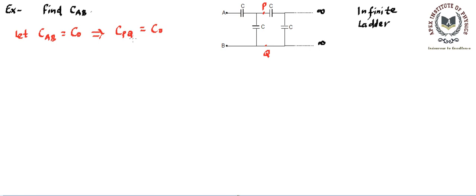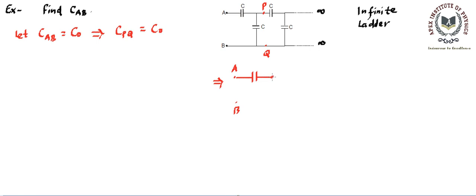Once we are able to relate this, if we remove the right hand side portion, it can be replaced by an equivalent of C naught. So this circuit can be redrawn. Let's redraw it. The redrawn circuit will have a point A and a point B as the final terminals, and it will have the capacitance C that was there.